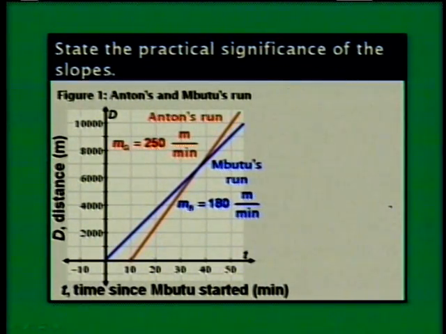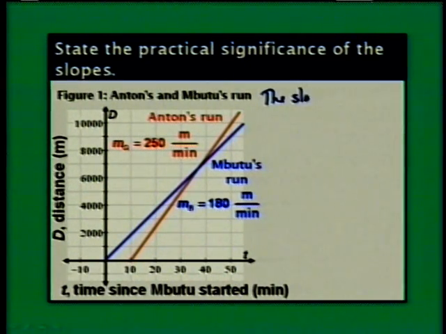So now let's state the practical significance of these slopes. Well, meters per minute is a measure of speed. So the slopes of these lines are telling us about how fast Anton and Mobutu are running.